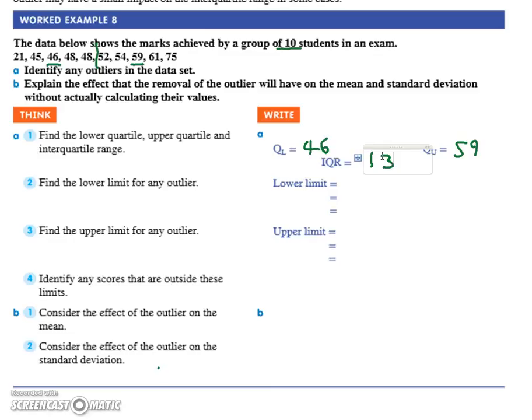Cool. All right. Now, what would the lower limit be for any outlier? How do you work it out? The lower quartile, 46. Take away 1.5, so minus 1.5 times 13.